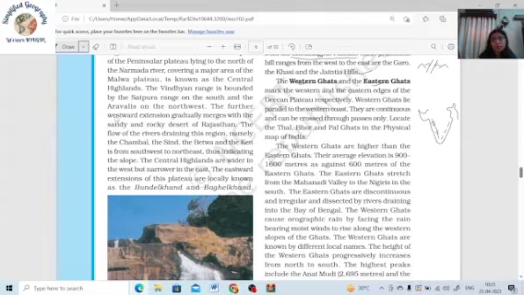So there are several passes to connect from one ghat to another, like Thal, Bhor, Pal Ghats, which we will later point out in the physical map of India. The western ghats are higher than the eastern ghats. The elevation is almost 900 to 1600 meters, against the eastern ghats where it is only 600 meters.